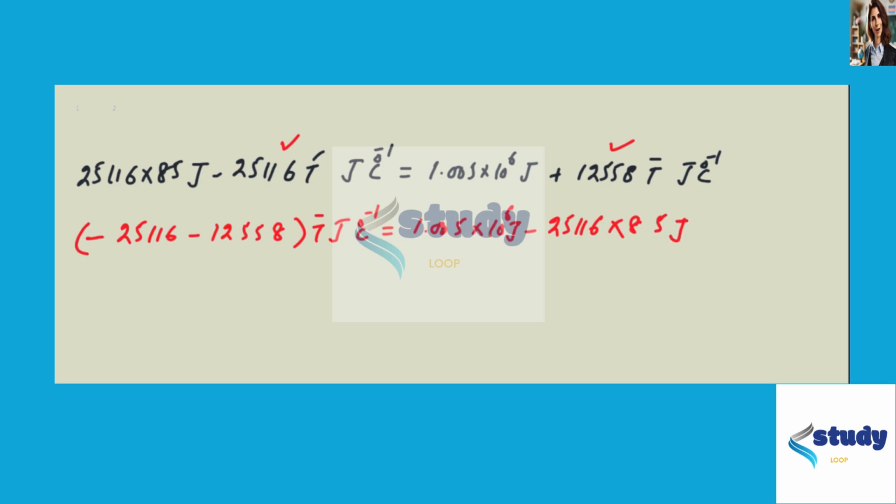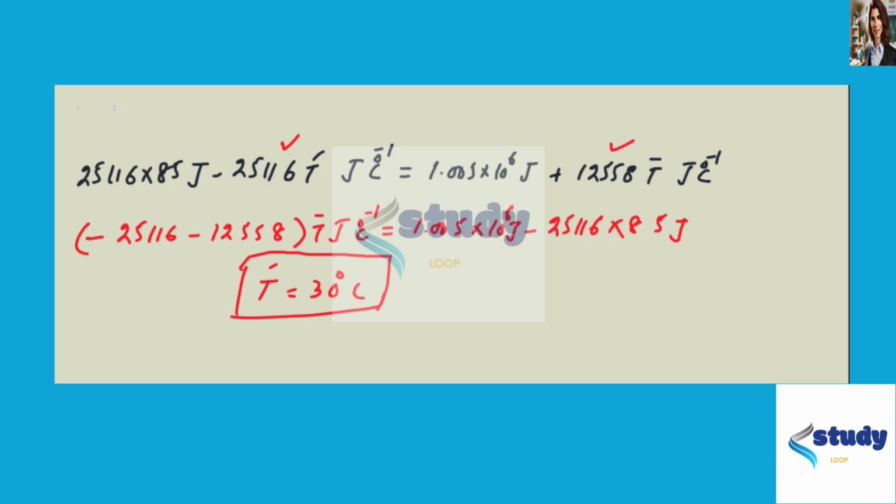So this gives us T prime approximately equal to 30 degree Celsius. So this is the final temperature when ice is mixed with water.